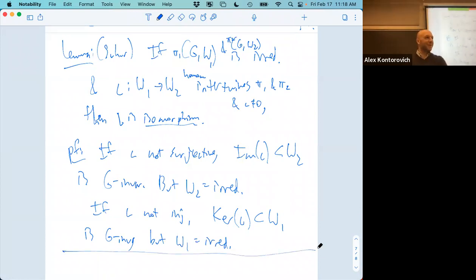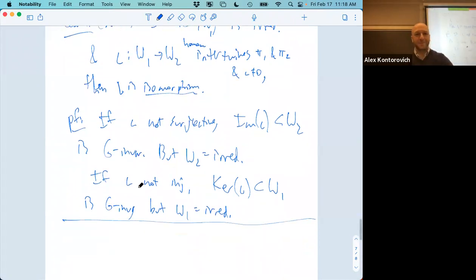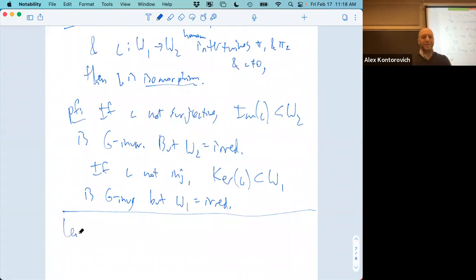It's about as simple a theorem as they get. Okay, so both W1 and W2, if pi1 and pi2 are irreducible representations, any intertwiner is actually an isomorphism, unless it's the 0 map. Okay, and a corollary, this is another lemma of Schur. How do I want to say this?